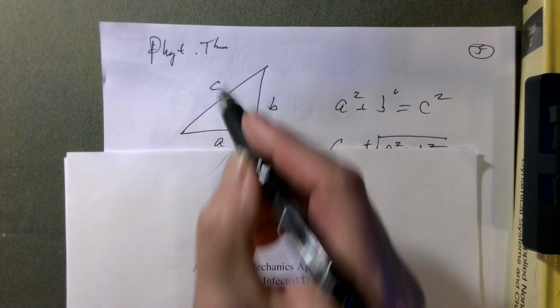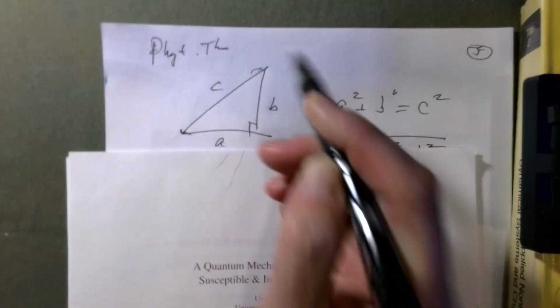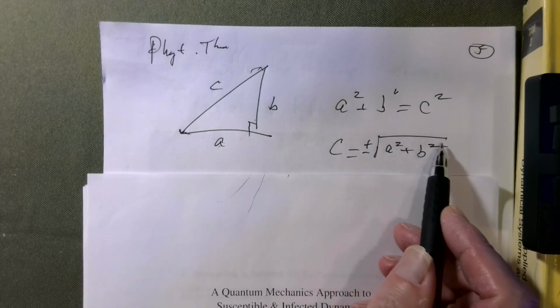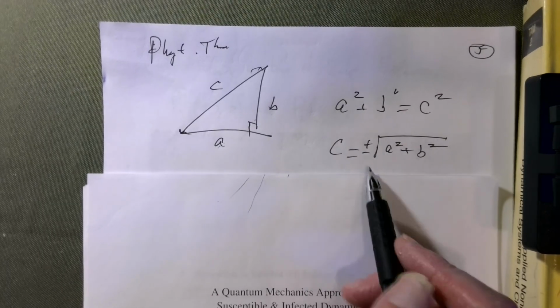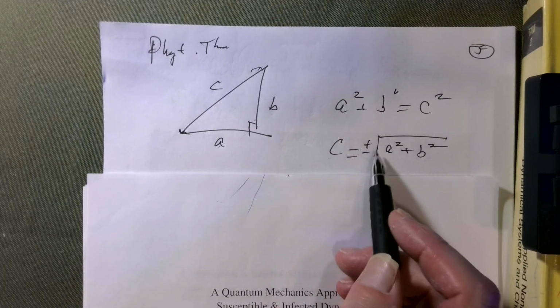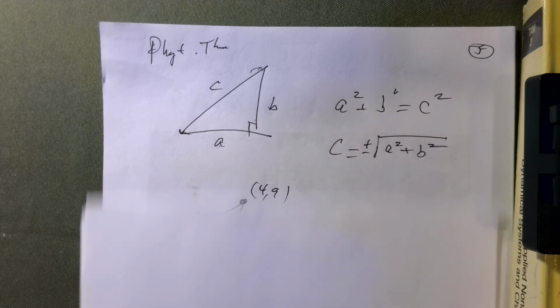And since we're interested in the distance, I don't want c squared, I just want the what? The square root of that. And theoretically, you should have a plus or minus, but obviously the distances are not negative.